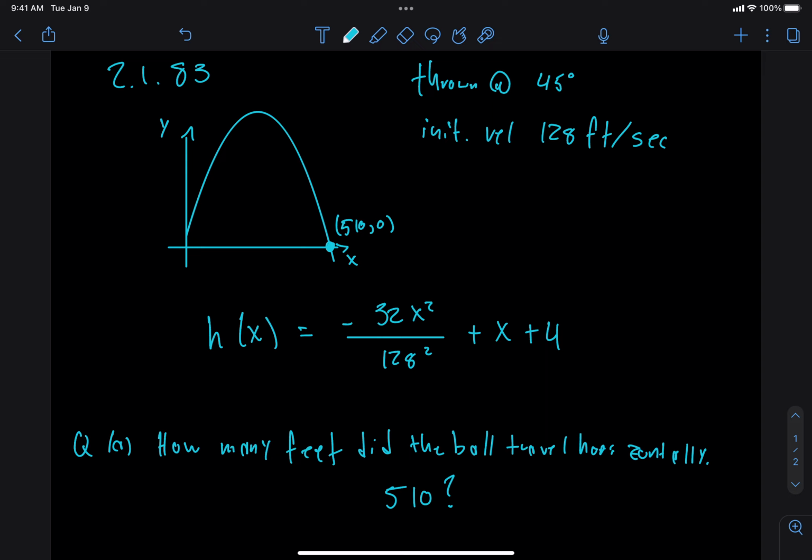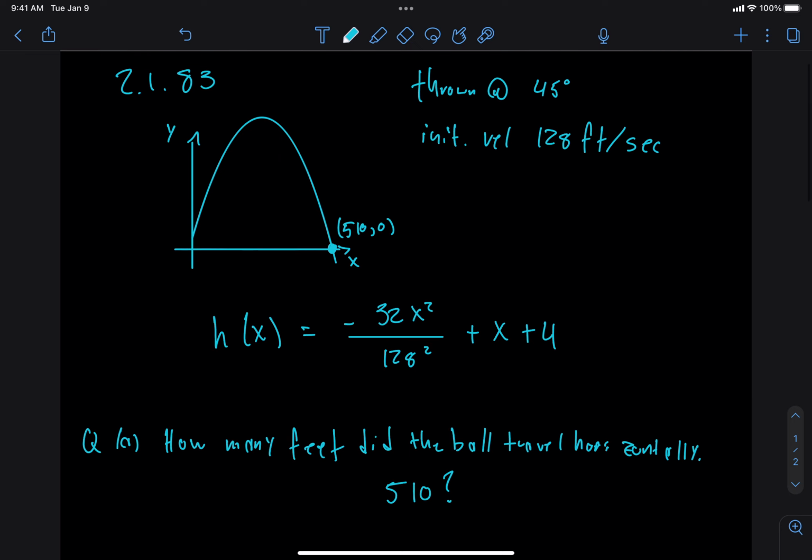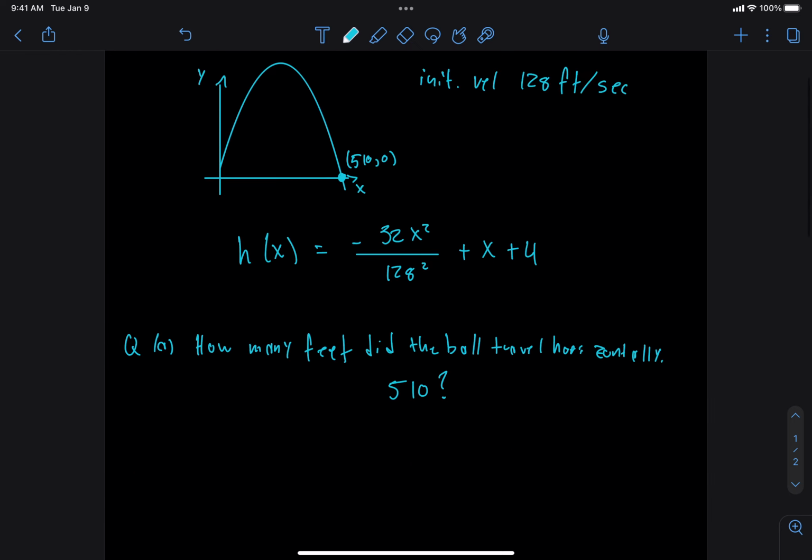I see. So the next question is, supposing that I didn't have the graph. So forget about the graph, and imagine that I only had this function.